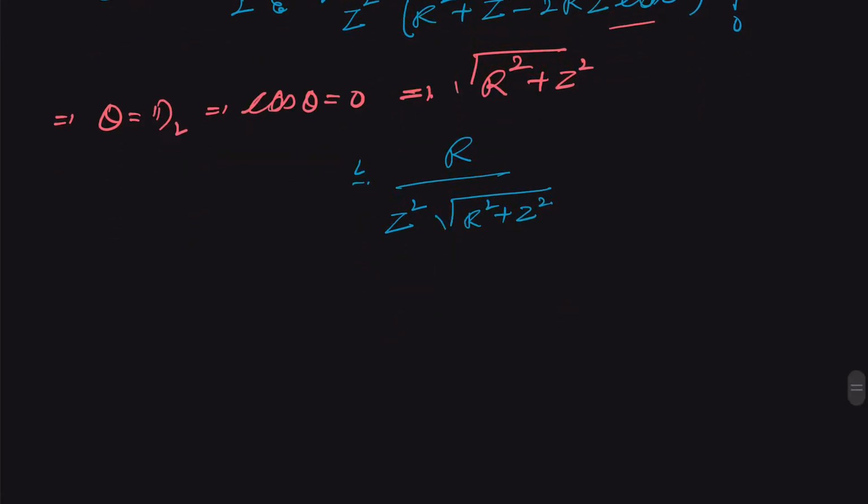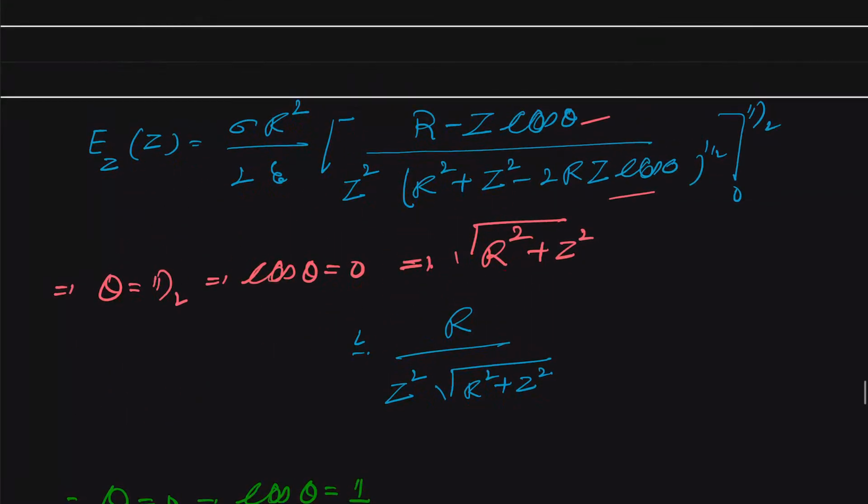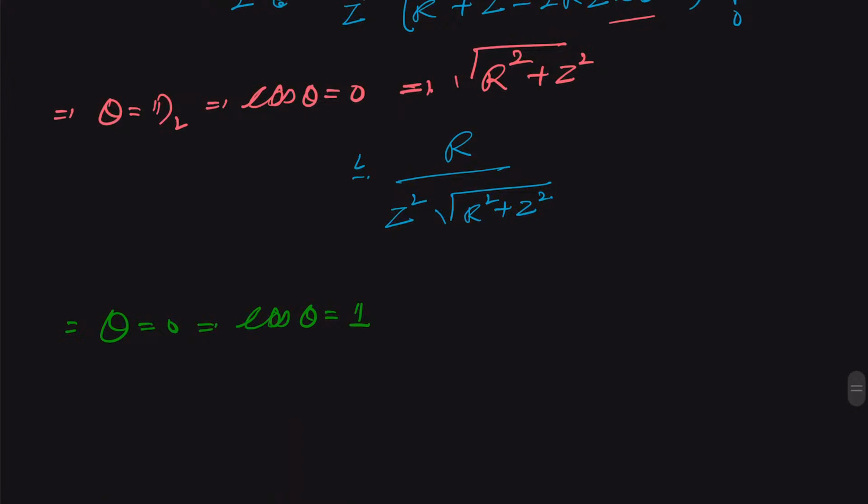Okay, and now we come to theta equal to 0, so cos of theta will be equal to 1. So this will be the square root of r square plus z square minus 2rz. We get the square root of (r minus z) whole square, or we can say this will be the modulus of r minus z.